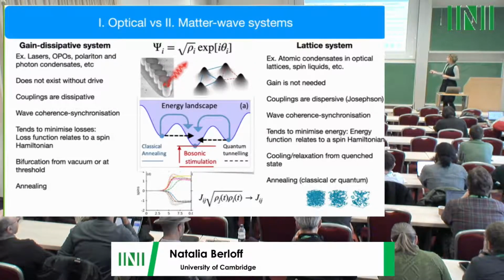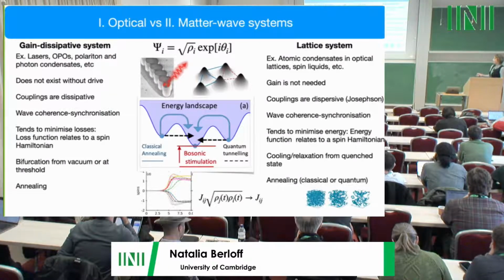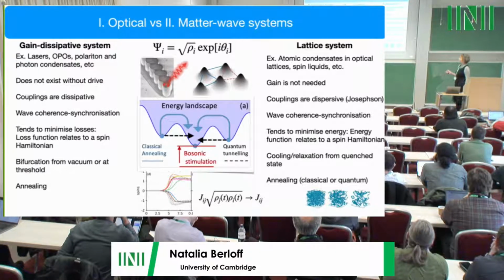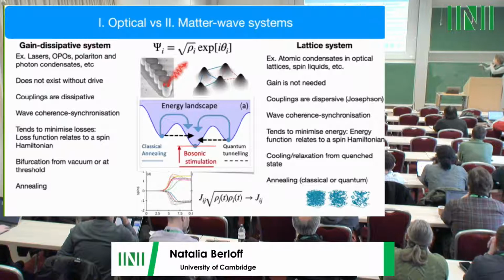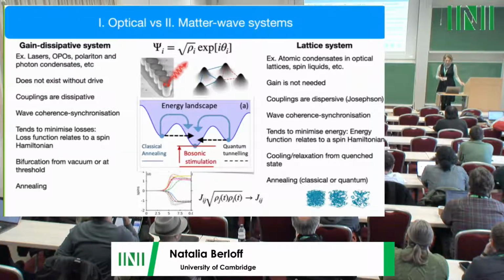Another interesting feature of this system is that the gain profile depends on the occupation of the wave numbers, or the wave amplitudes. And so the system propagates and reaches this minimum losses or the ground state in an ever-varying energy landscape that also helps the annealing to take place.